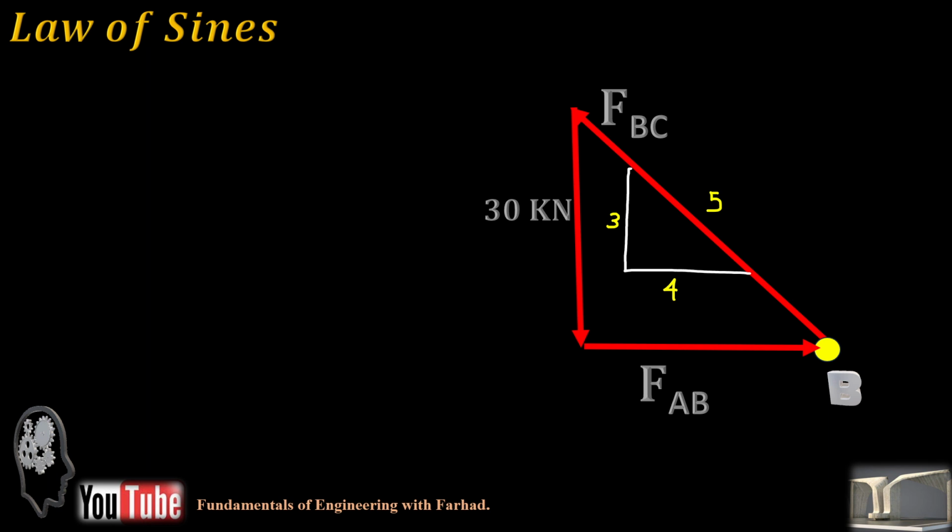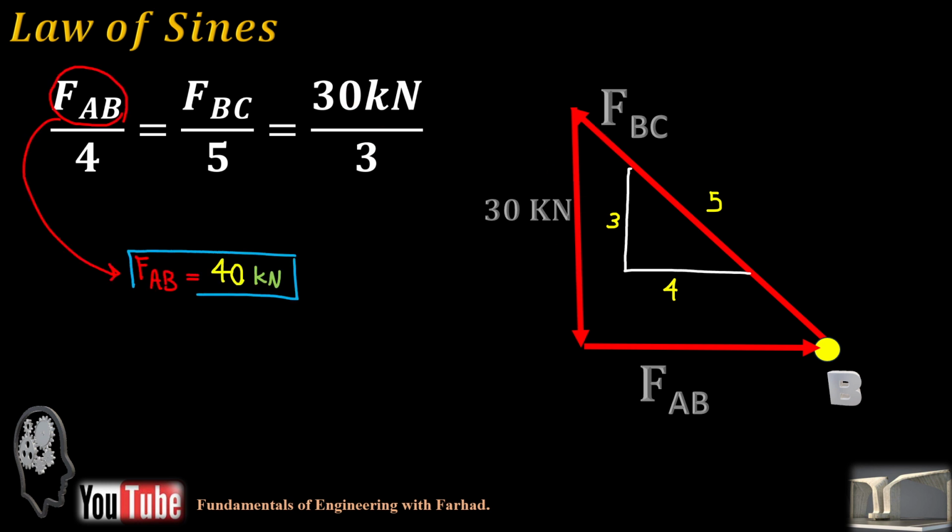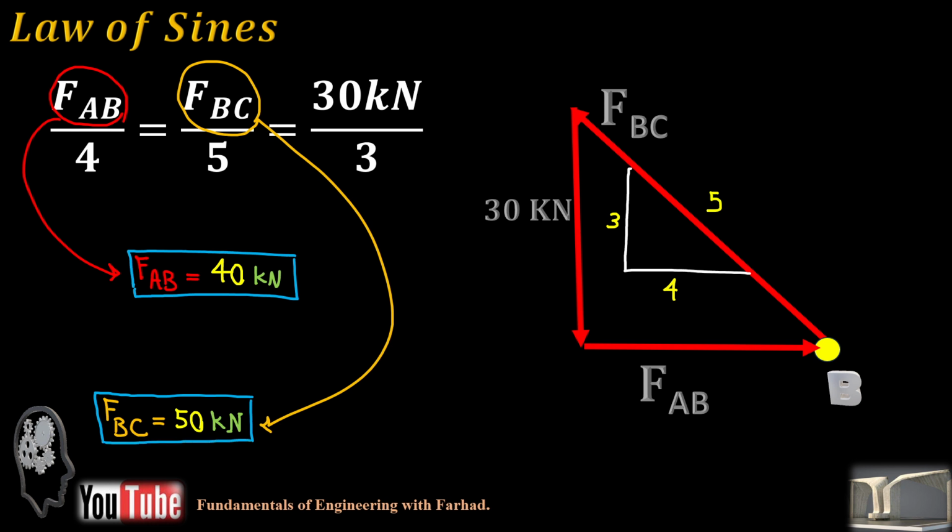So as soon as we have this ratio, we can jot down the law of sines. FAB over this length is equal to FBC over 5, and that's 30 over 3. Solving for FAB gives us 40 kilonewtons. Solving for FBC gives you 50 kilonewtons. We already know the directions, so it's just the numerical values of those forces.